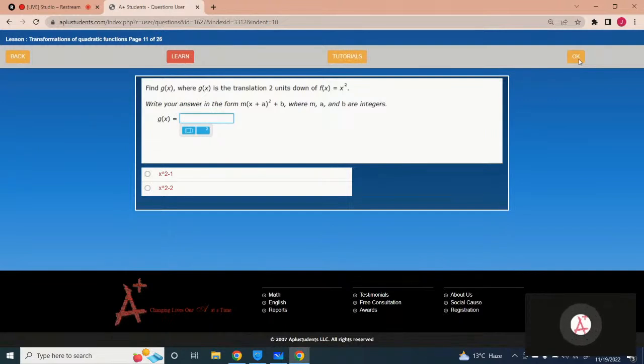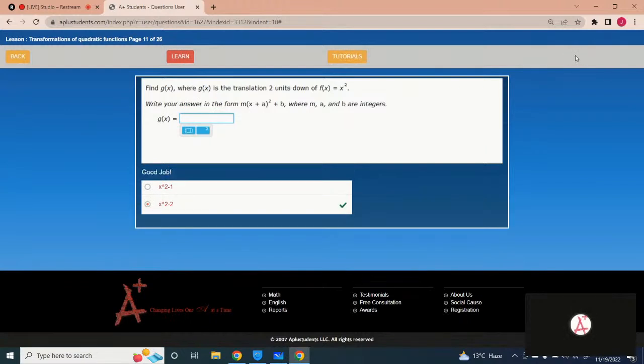Okay, 2 units down. Which option is the correct one? Yes, that would be the second option. Got it? Because you have to translate down. So the second option is the correct one. Just select the correct option and click on the OK button.